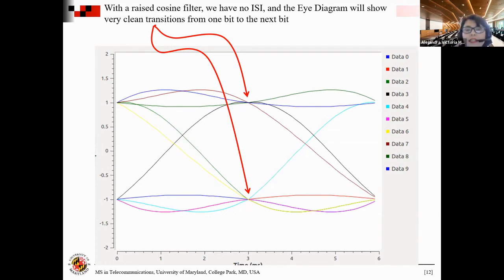Still, you get an idea of what it is. And specifically, you can see those transitions with the raised cosine filter. We have no intersymbol interference. And in this case, we don't have any noise in this example. And it's going to show you very clean transitions.